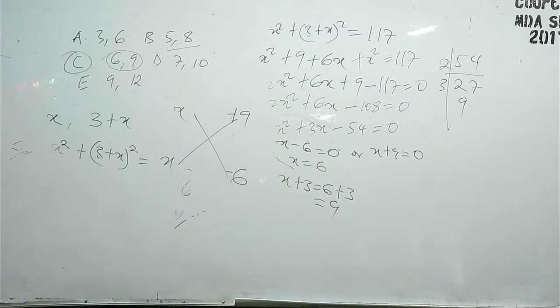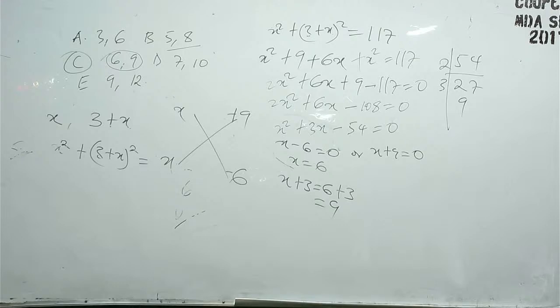Are you with me? Then the person that said she has a problem with factorization of the quadratic, it's not a problem. Look at the quadratic equation. That was why I came up with the idea of you using the common sense approach, because I know most of you have problems with the quadratic. But the important thing is, if you are able to get this portion, x squared plus (3 plus x) squared equals 117, I will be okay with you.